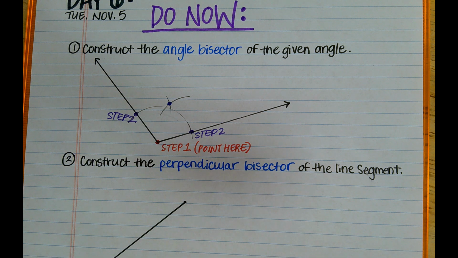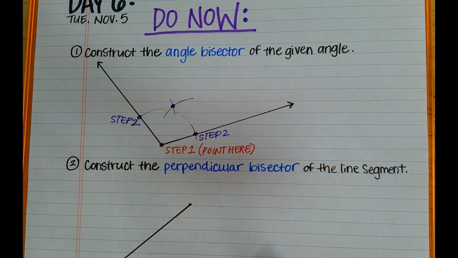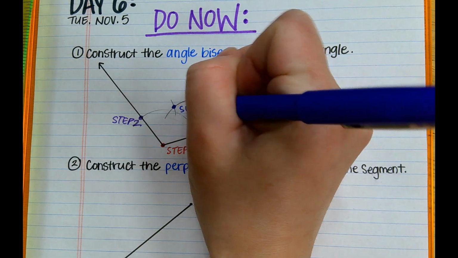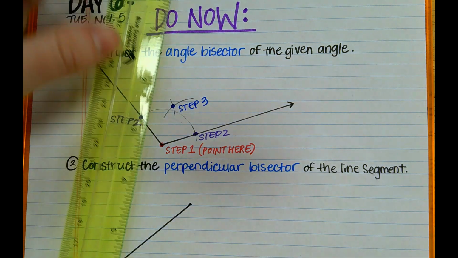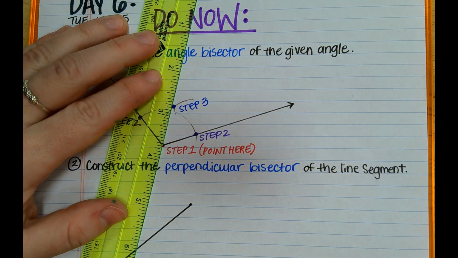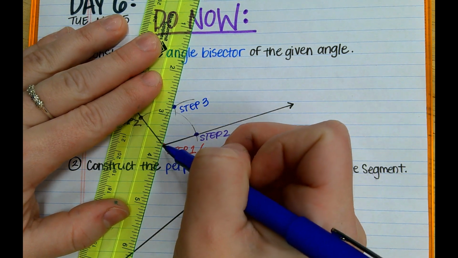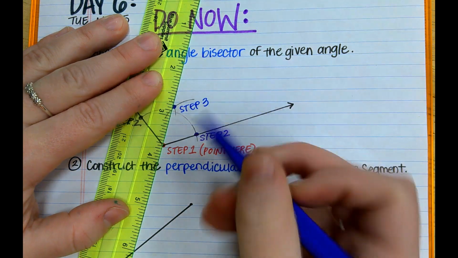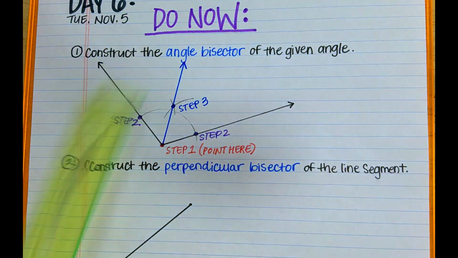Bisect means split in two equal parts. So we now have this third intersection here, and this is step three. All I need to do is take a straightedge and connect the dots from my vertex through this new intersection I created. Just like that.